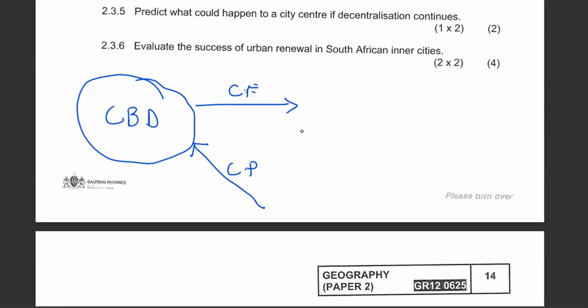What are the likely activities or events that are likely to repel activities from the CBD into the outlying business district? We look at things like crime, congestion, limited space, and competition.